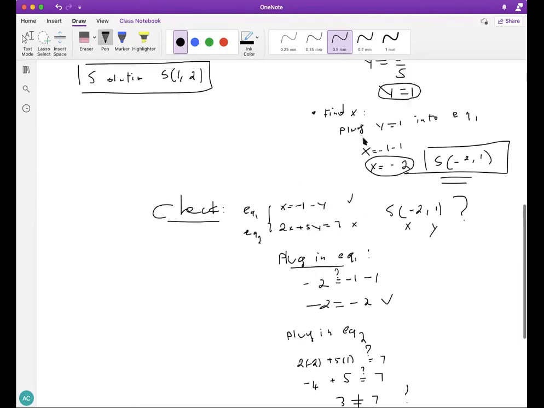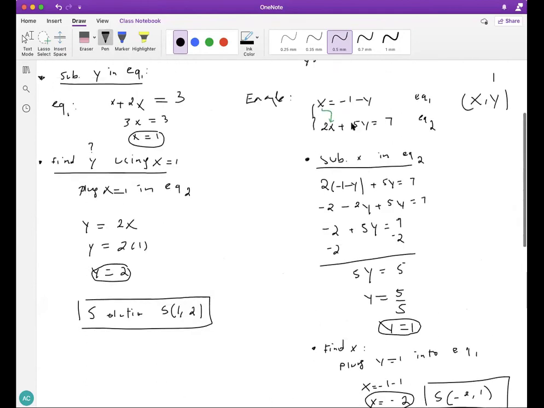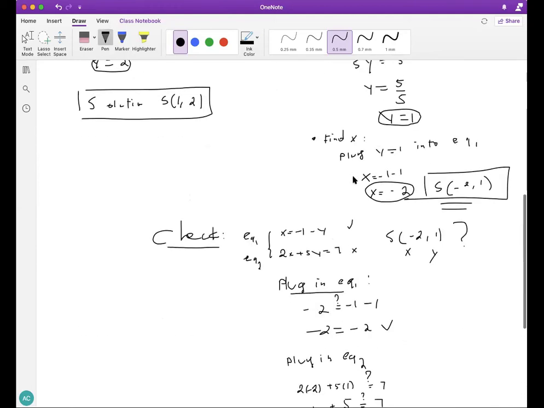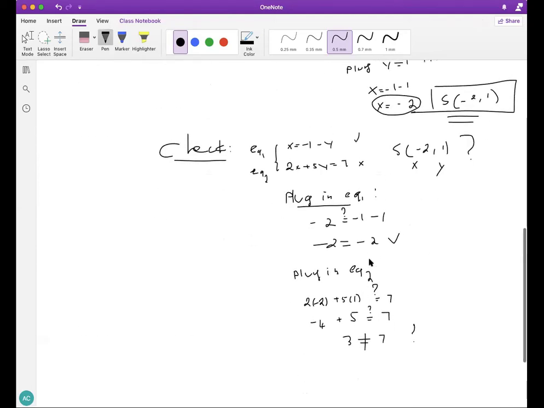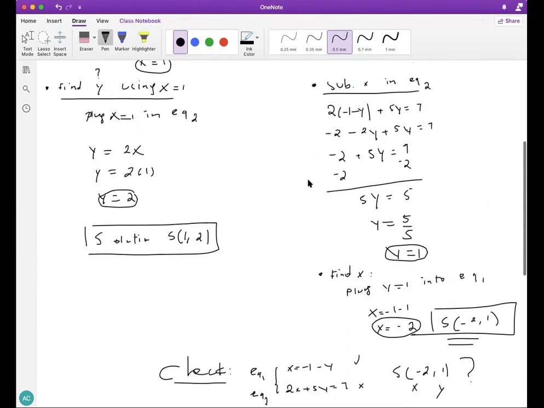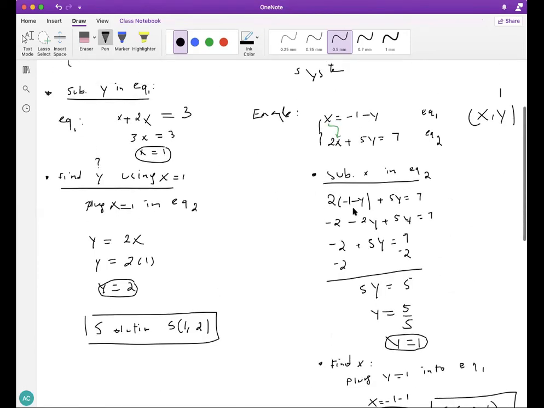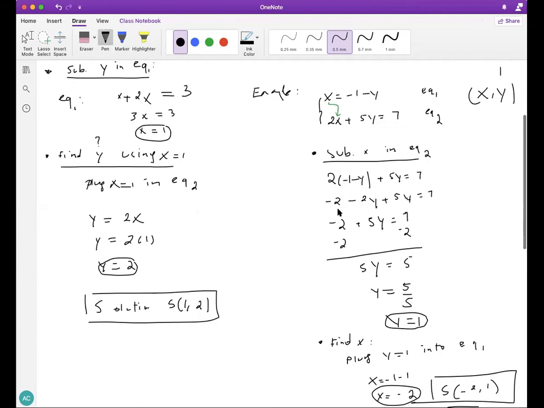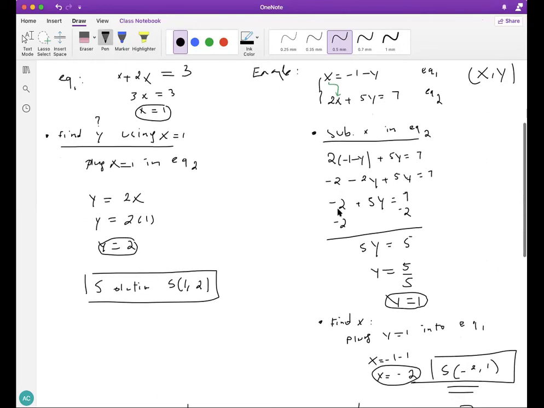It means there was a mistake made here, because when we solve, you should get either one solution, many solutions, or none. So it didn't work with the second one. Let's check, maybe we made a mistake when we plugged it. So here's the second equation.